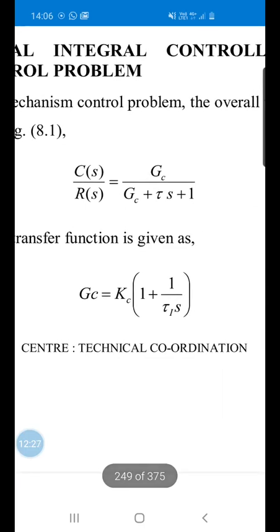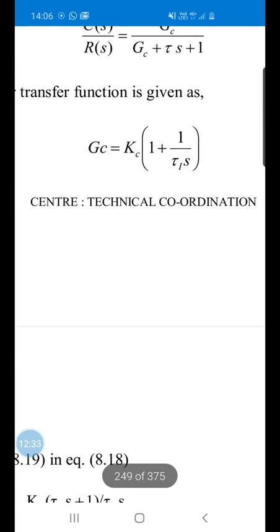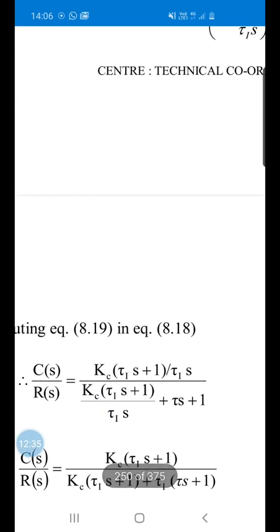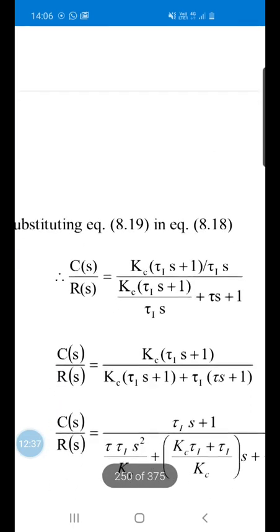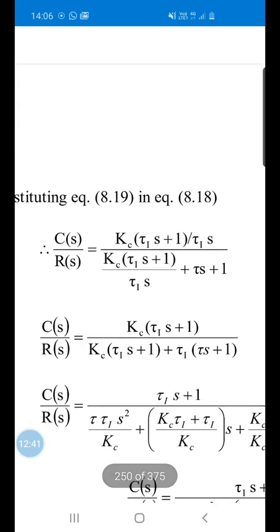The transfer function of Gc is given by Kc into bracket 1 plus 1 upon tau I s. So you have to introduce this Gc into equation 8.19, and C(s)/R(s) becomes like this.